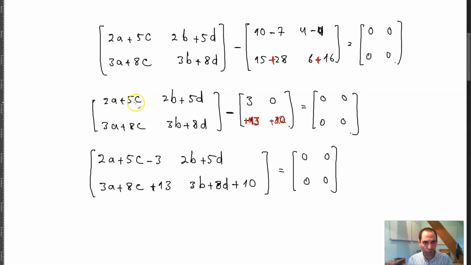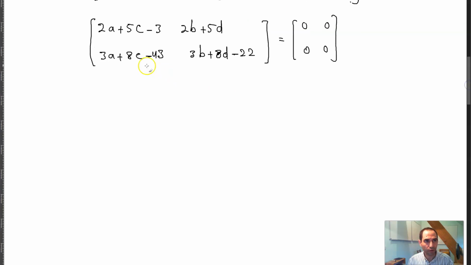And so basically you have 2a plus 5c minus 3, 2b plus 5d, 3a plus 8c minus 43, and over here 3b plus 8d minus 22, is equal to 0.